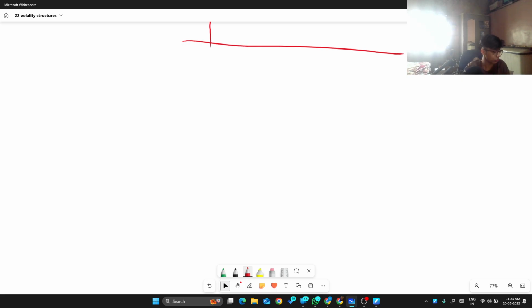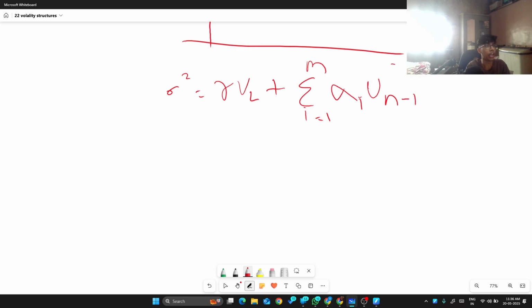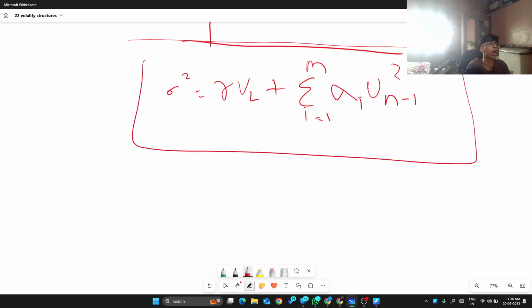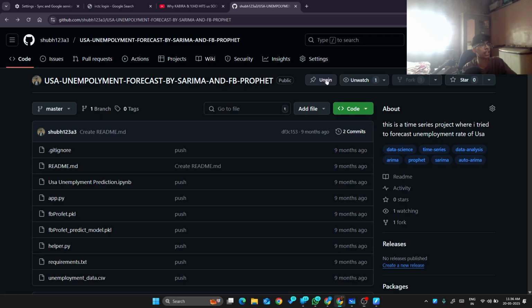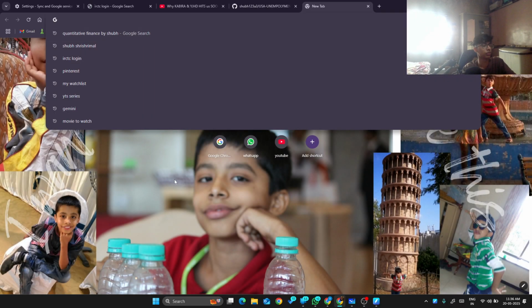Okay, so we will add a long term mean term plus our weighted process, and this is the ARCH model, and we will ask ChatGPT more about the ARCH model.